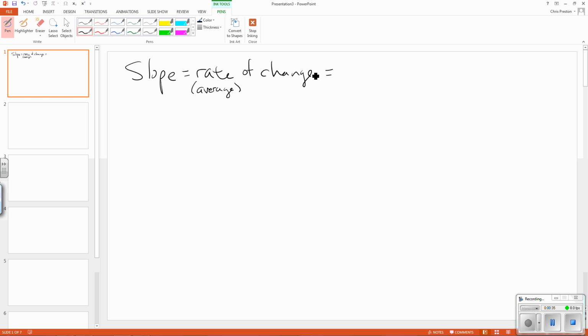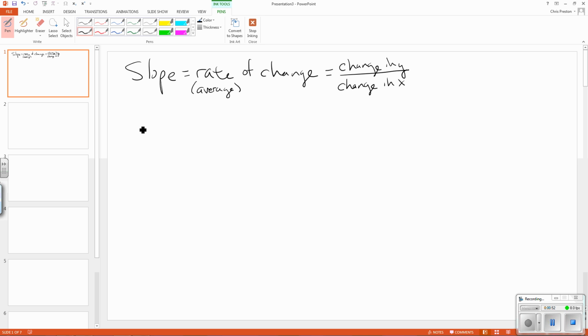So what we mean by rate of change is your change in your y or your dependent variable relative to your change in x or your independent variable.